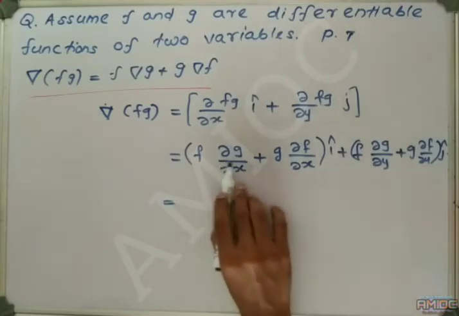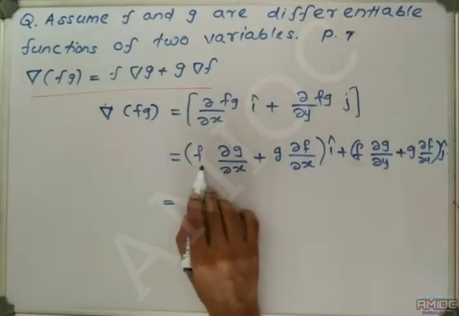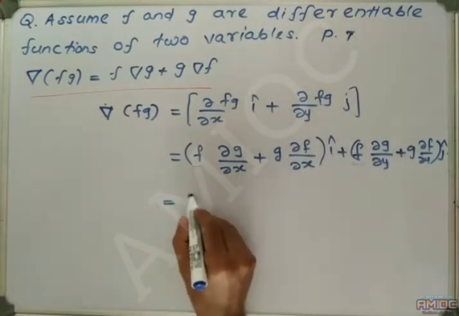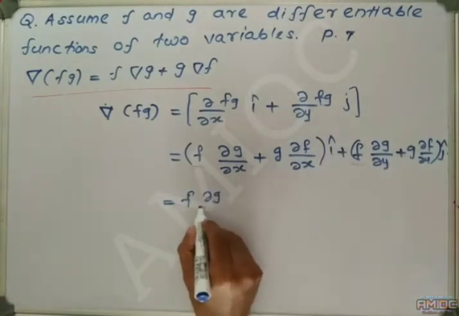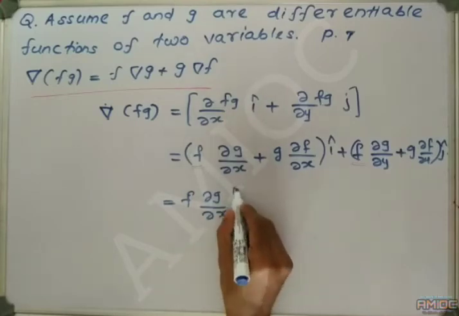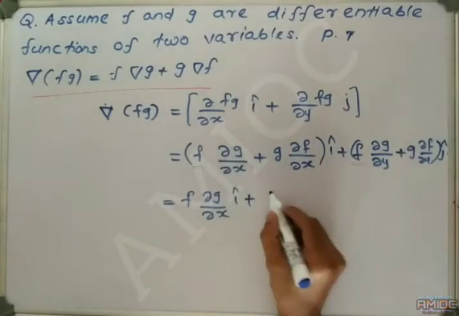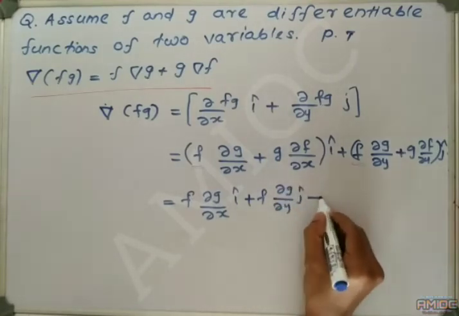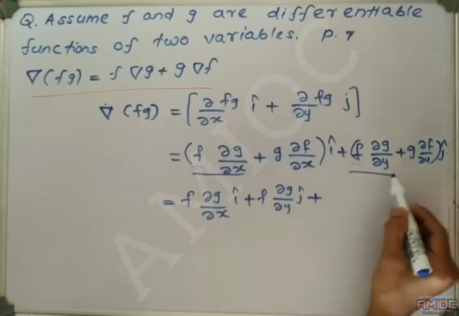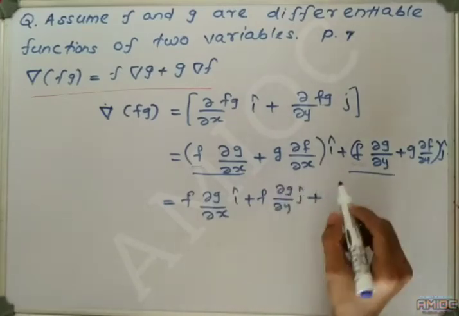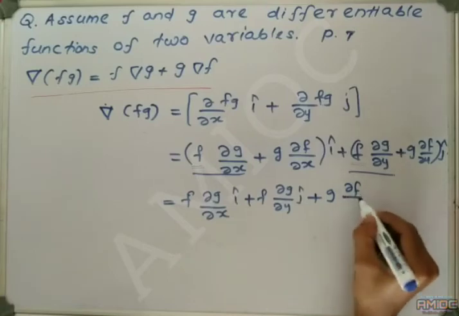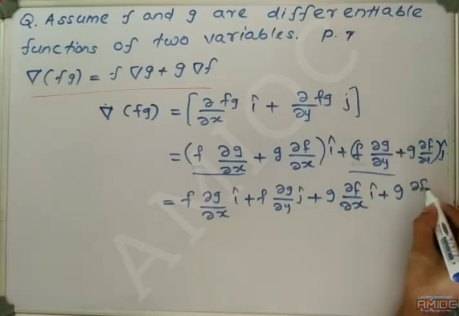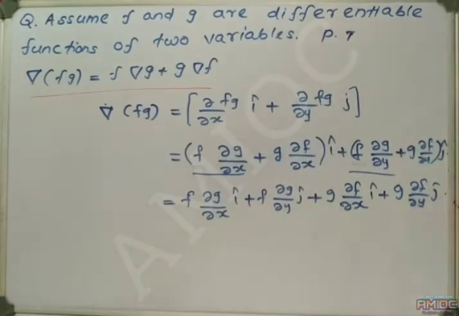These two terms contain f as a common factor, so arranging them, we have f into the partial derivative of g with respect to x into i cap plus f into the partial derivative of g with respect to y into j cap. Now the remaining two terms are g into the partial derivative of f with respect to x i cap plus g into the partial derivative of f with respect to y into j cap.